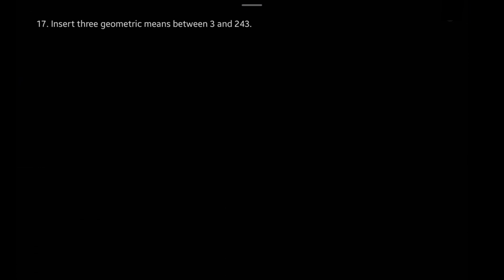For our final question, insert 3 geometric means between 3 and 243. There are actually multiple ways of solving this, but I want you to learn this specific method. 3 and 243. So let's just put it right here.